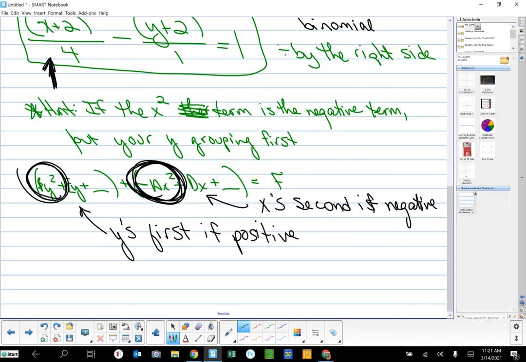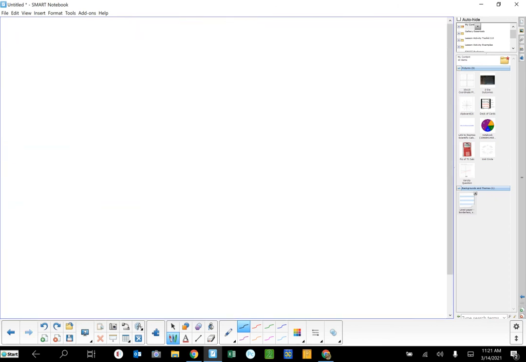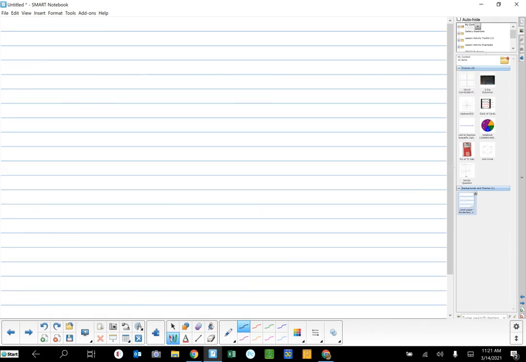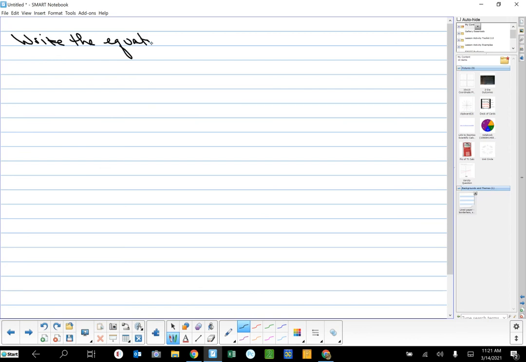All right. And then there's one last problem that you're going to have. It says something like this. Write the equation. So this is like the last problems of the ellipse homework.